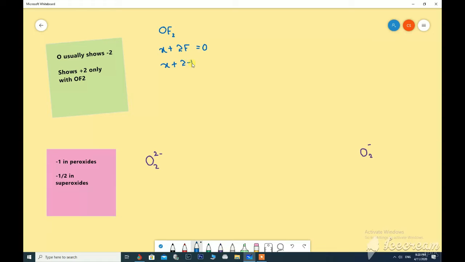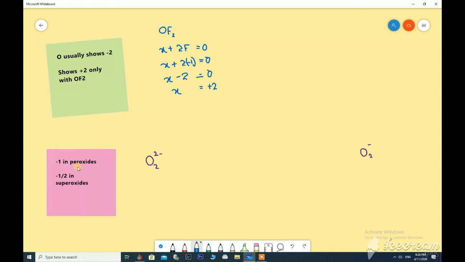Here it has 2 fluorine atoms. So x + 2 times -1 should be equal to 0. So x minus 2 is equal to 0. When we take -2 to the other side, it converts into positive. So x is equal to +2 here. x means the oxidation number of the oxygen in OF2.